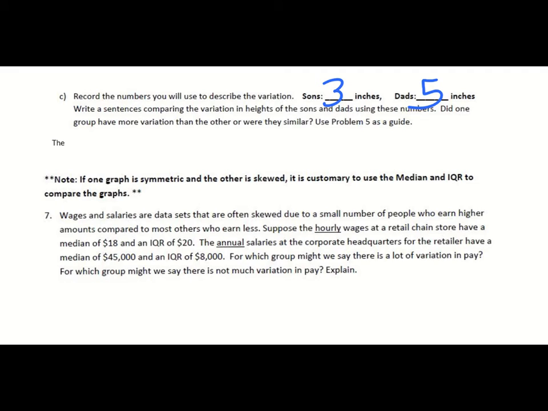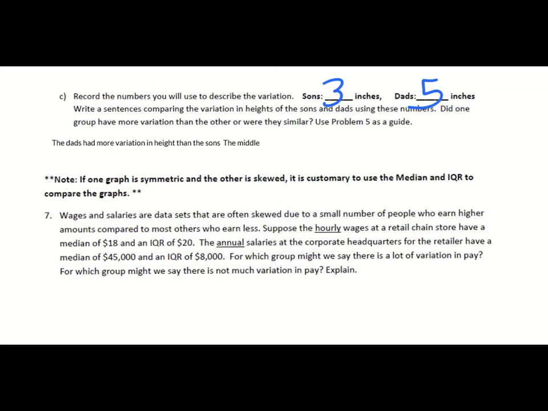Okay. The dads had more variation in height than the sons. I'll move this out in a second, so just be patient.